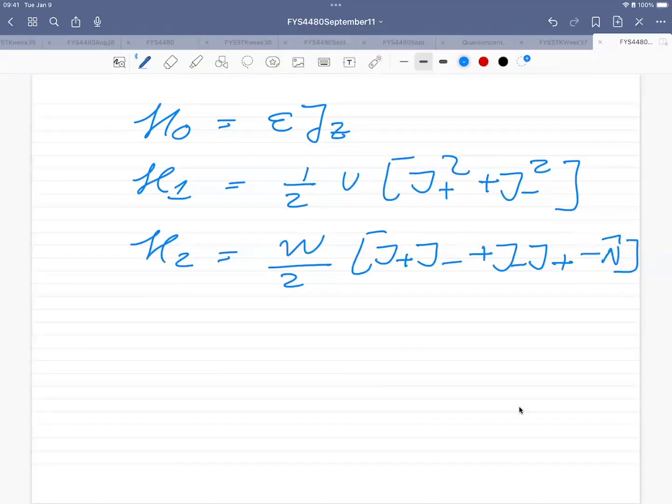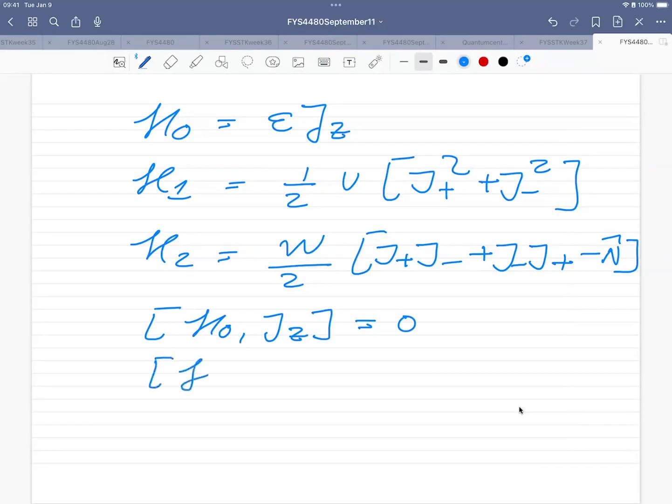The interesting thing for us is that if I take the whole Hamiltonian, H0 plus H1 plus H2, you will see that an eigenstate of angular momentum is also an eigenstate of the Hamiltonian, and the commutator of H with JZ is going to be equal to 0. You will see that this definition of angular momentum commutes with the Hamiltonian.